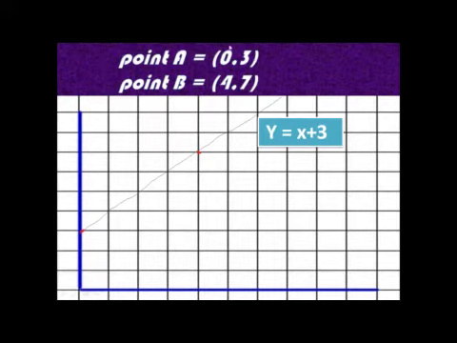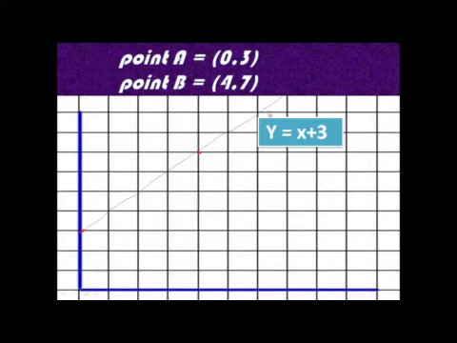Okay, point A is 0, 3 and point B is 4, 7. The line made from these 2 points would have the equation y is equal to x plus 3 as the answer.